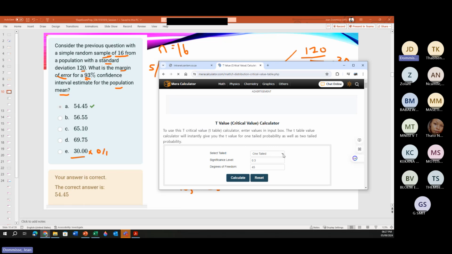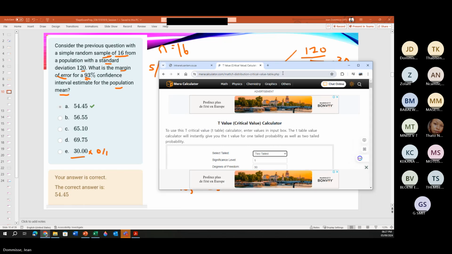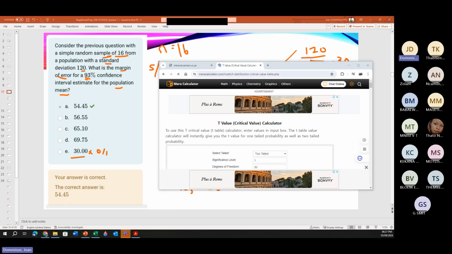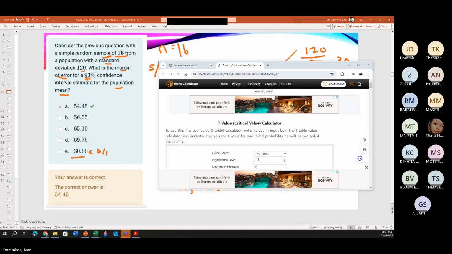Okay, so two-tail, I will add this for you guys as well in the chat so that you can play with it. Significance level, so it was 0.07 and degrees of freedom was 15.